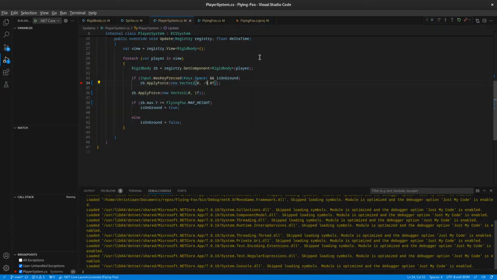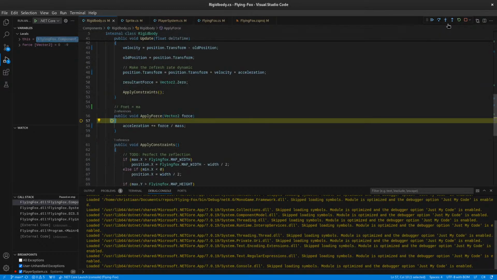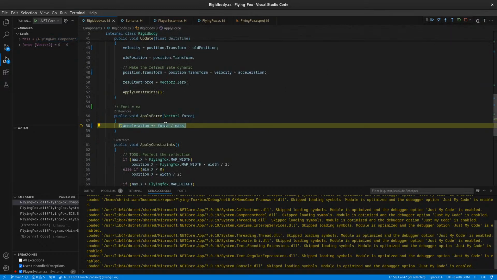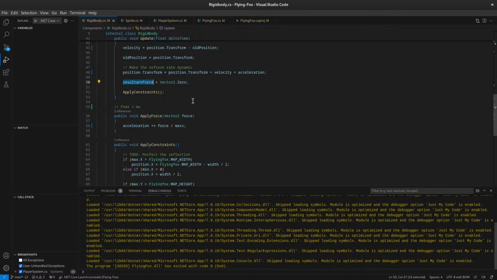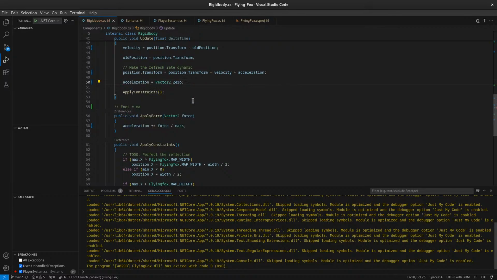Is this ever even happening? Yeah, it is happening. Go into the code. Go to the next step. The force is -9. It's going to stay at -9. Why? Acceleration is 903. Let's just get acceleration. It should be equal to 0.